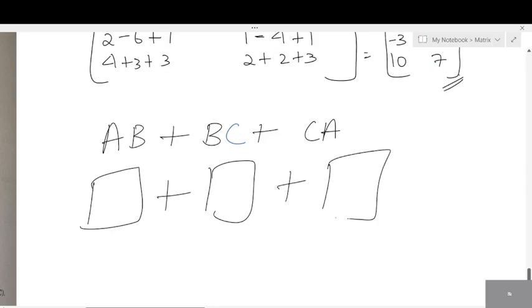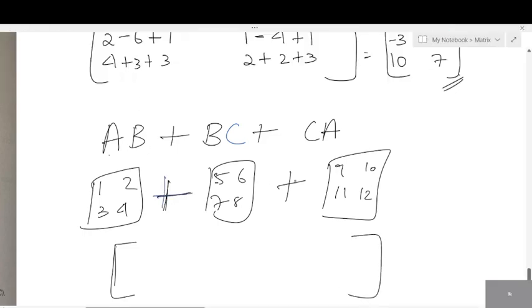Remember, addition we did in the last 2 exercises. For example, after multiplying A and B, you get 1, 2, 3, 4 and imagine the others are 5, 6, 7, 8, 9, 10, 11, 12. Can you tell me the final matrix?